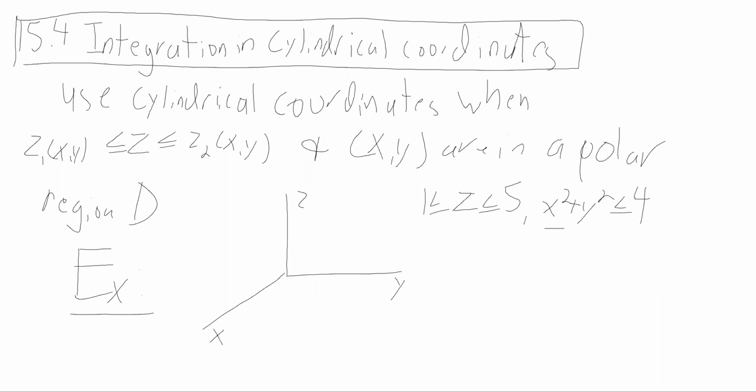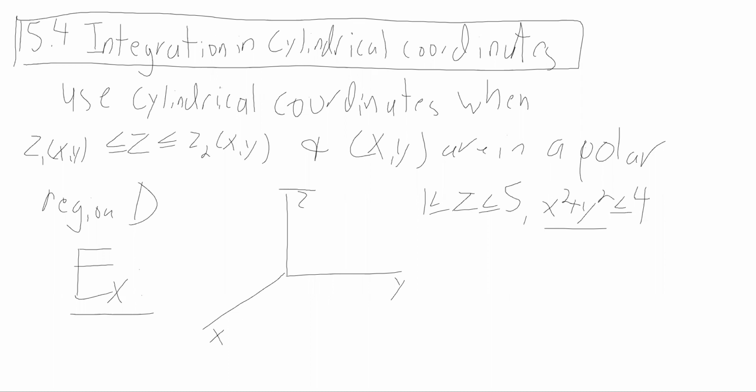So X squared plus Y squared equals 4 would give us what kind of surface? Correct, but in R3, what kind of surface would it give us? Right, it would give us a cylinder centered at the z-axis of radius 2. If it's less than or equal to 4, it's a solid cylinder, everything inside of there.